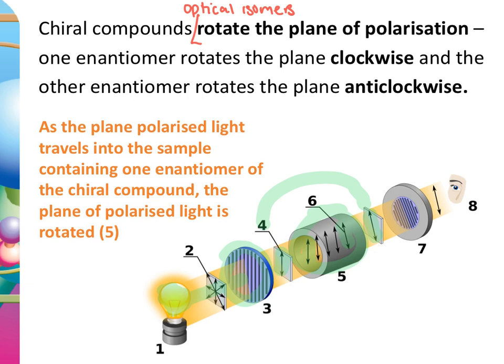We would be able to determine by what extent it's rotated using an eyepiece at the end, which we could turn until we block the light out, and that would show us how many degrees the light had been rotated by. So we're not just discovering that it's being rotated clockwise or anti-clockwise. What we actually find is it will be rotated by a specific number of degrees, and that enantiomer would always rotate it by that specific number of degrees.